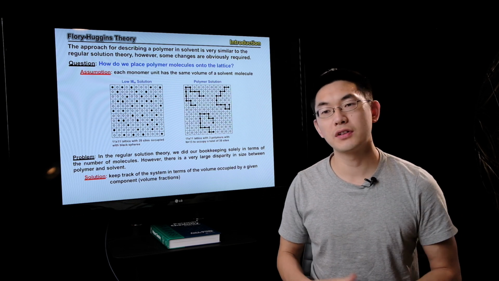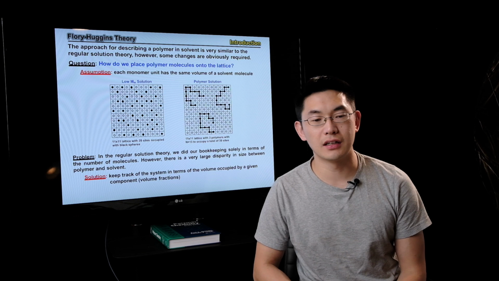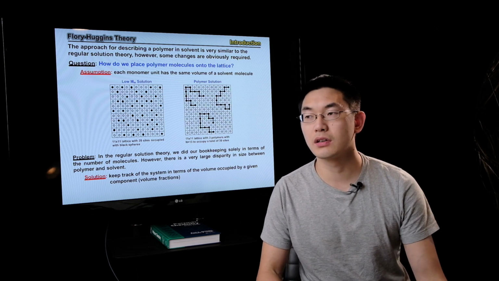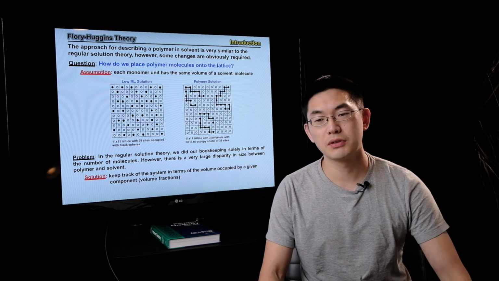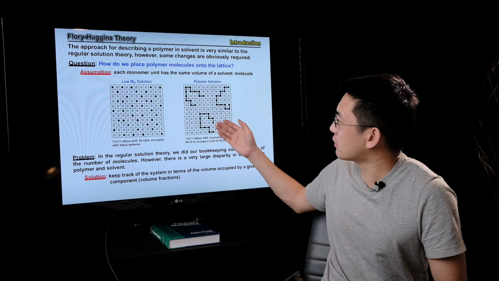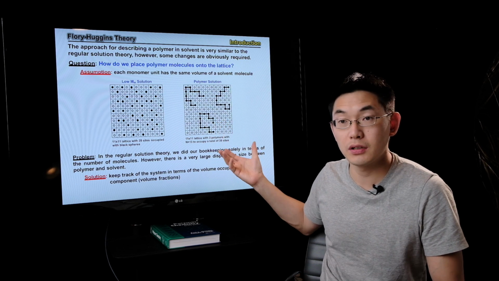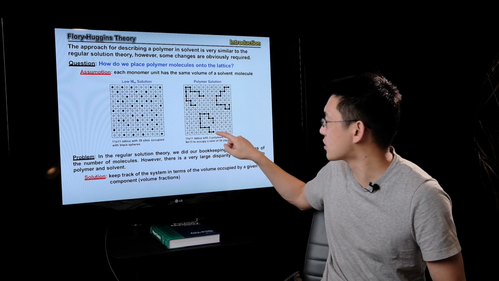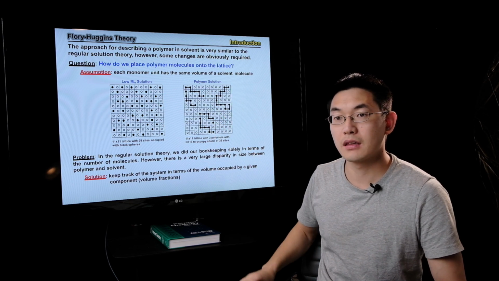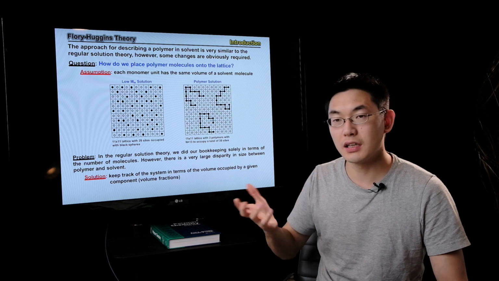In other words, if you have one single polymer chain compared to one single solvent molecule, your polymer chain is likely to be much bigger. As shown in this polymer solution model, your polymer chain behaves like these connected black dots, while the solvents are those white dots without connection.